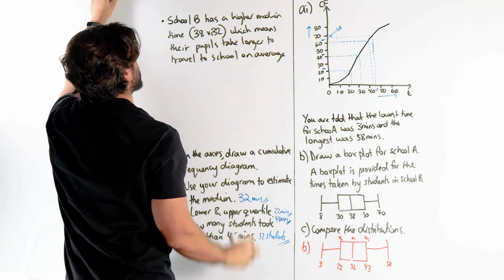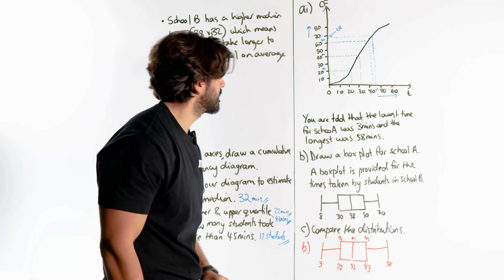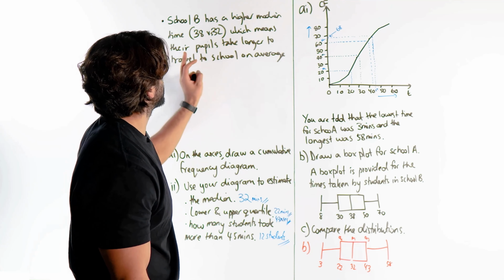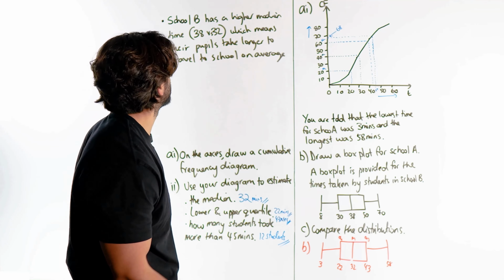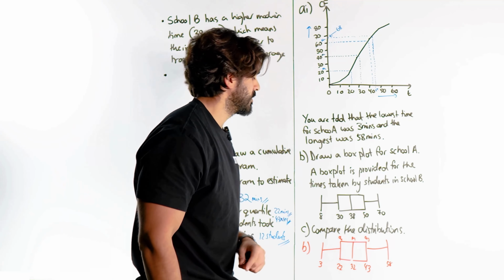And you need to say average here. So school B has a higher median, 38 versus 32, which means their pupils take longer to travel to school on average. The next thing we do is we talk about the interquartile range.